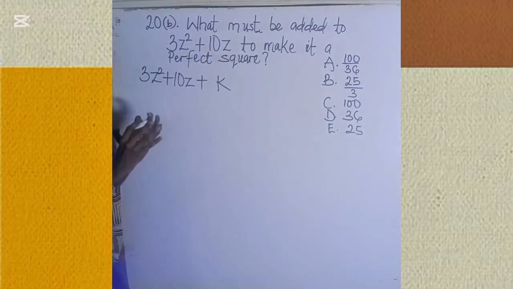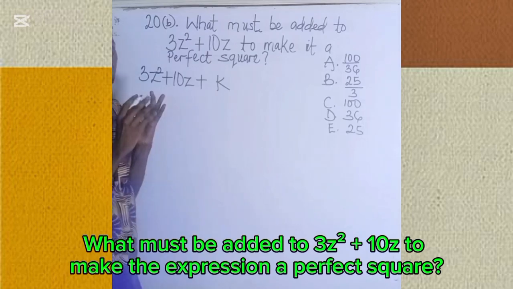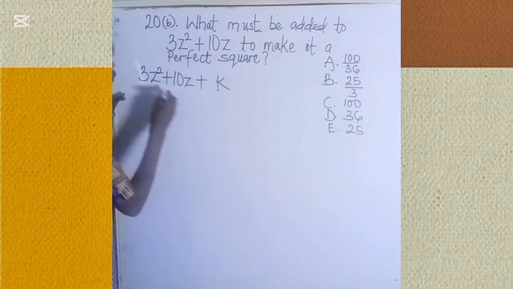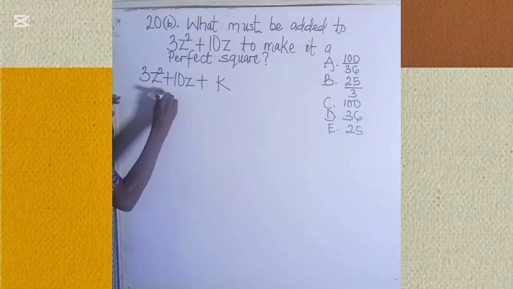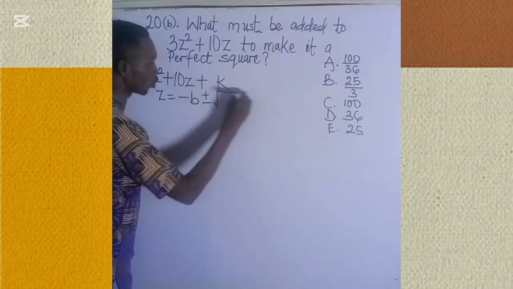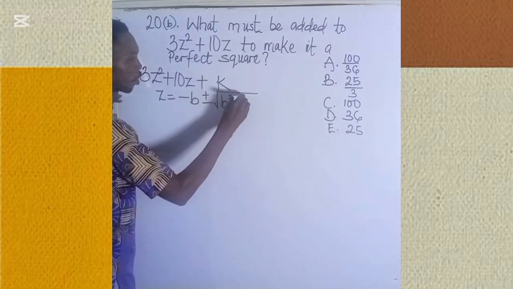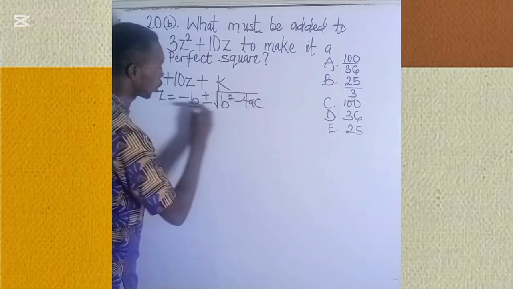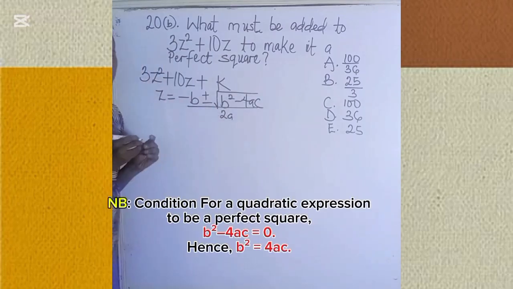I'm going to be taking my approach from the quadratic general formula, which says that z is equal to minus b plus or minus the root of b squared minus 4ac, divided by 2a.